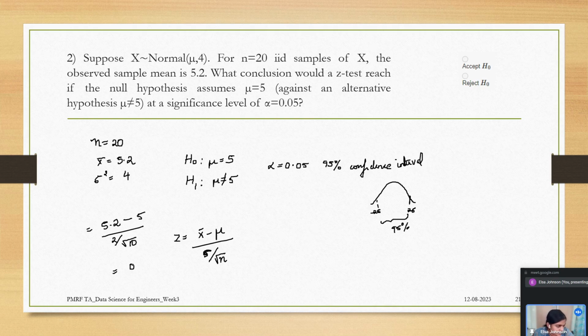So somewhere around 0.447 is coming. Anyway, this is well between the value which is given for this particular level, so that's why we will be accepting H0.